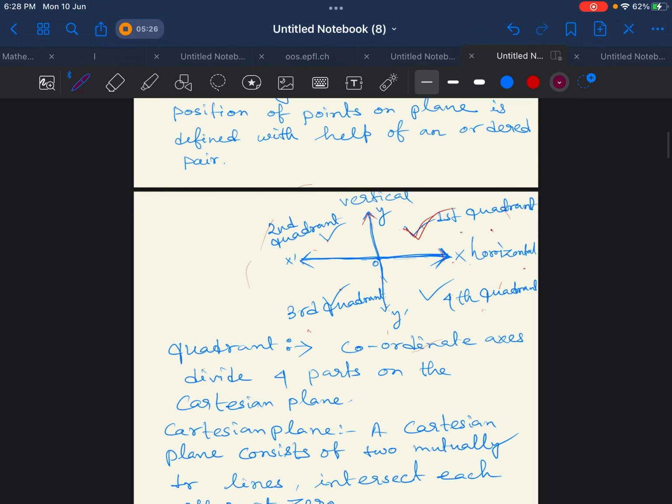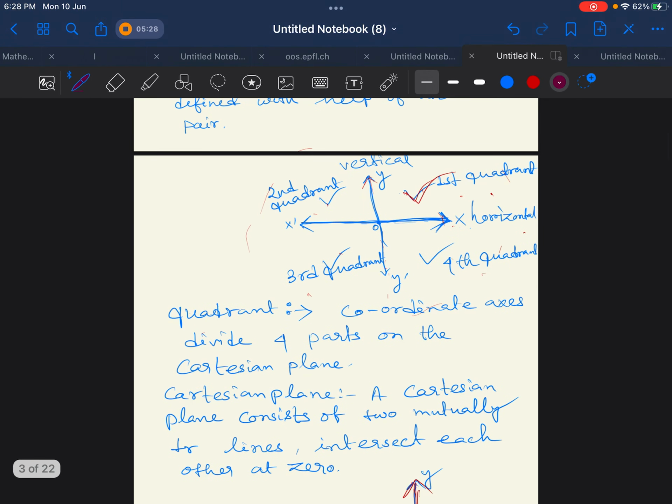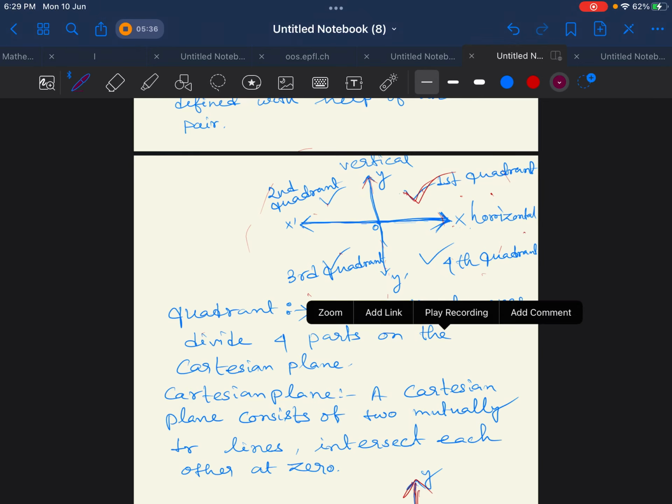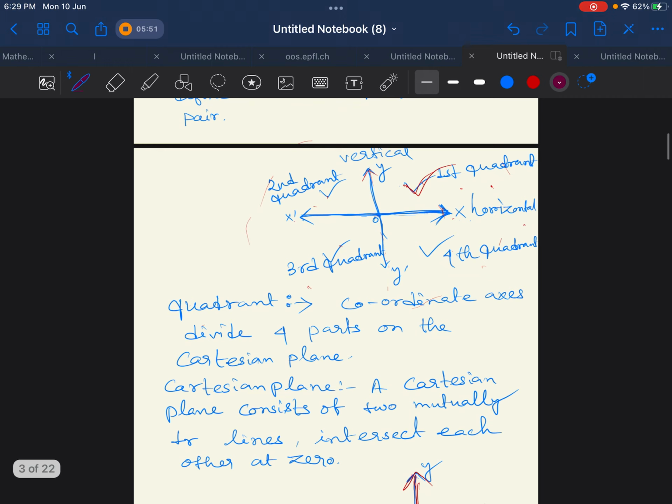Okay, now we have to know about quadrants. What is a quadrant? The coordinate axes divide the Cartesian plane into 4 parts. So X O X dash is a coordinate axis and Y O Y dash is another coordinate axis.